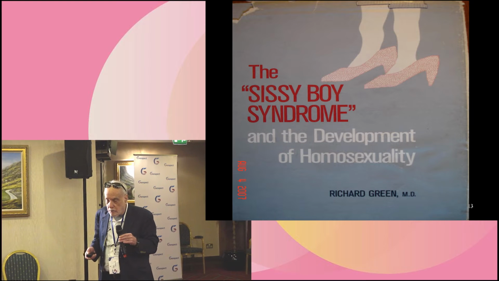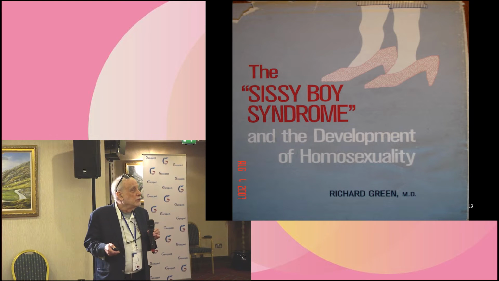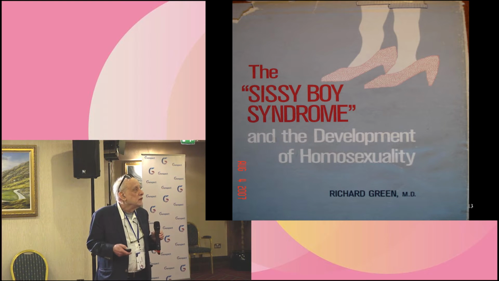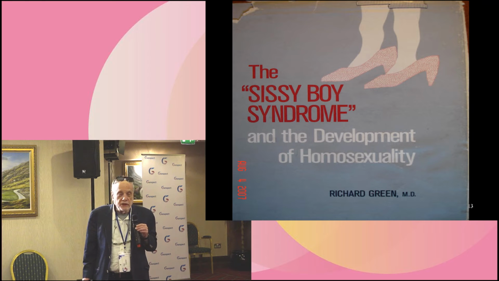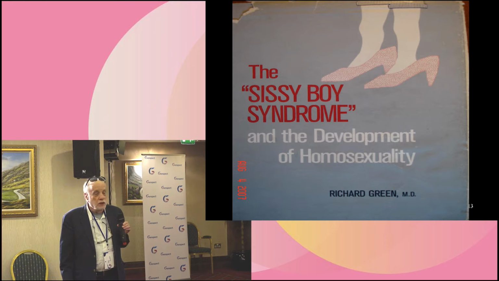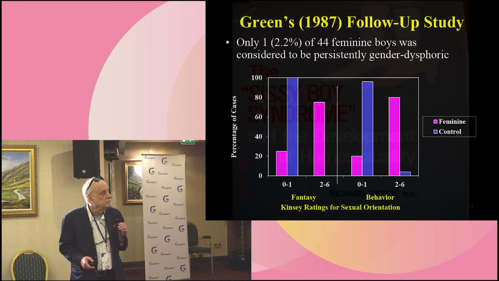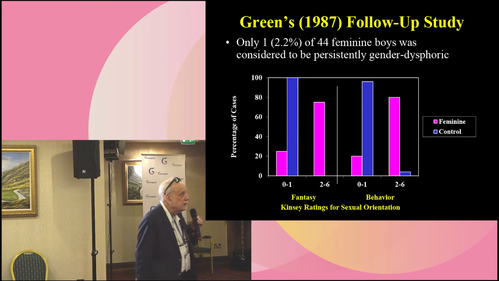A slight sidebar. In Richard Green's study, which he summarized in his book in 1987, he reported data on sexual orientation as well. And so he uses the Kinsey scale.